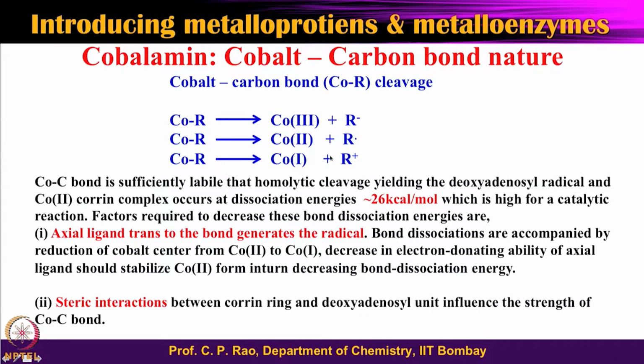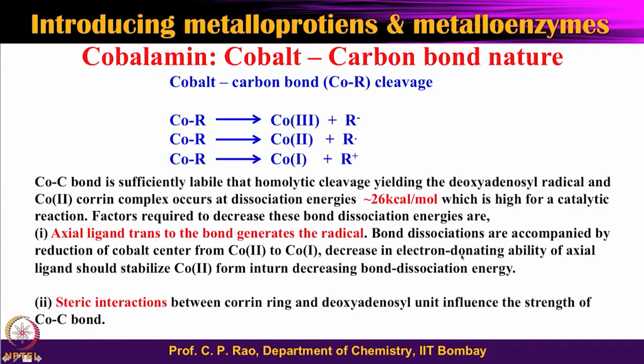First of all, what is a cobalt-carbon bond? The cobalt-carbon bond in these systems requires energy of about 25 to 30 kilocalories, which is generally higher than what is suitable for the catalytic process. Therefore, one needs a certain kind of rearrangement, which is also dependent on the X group that you have. One factor is the axial ligand, and the bond dissociation energies are accompanied by the reduction of the cobalt center from cobalt 2 to cobalt 1.